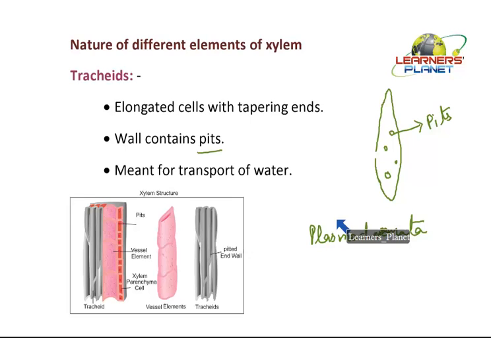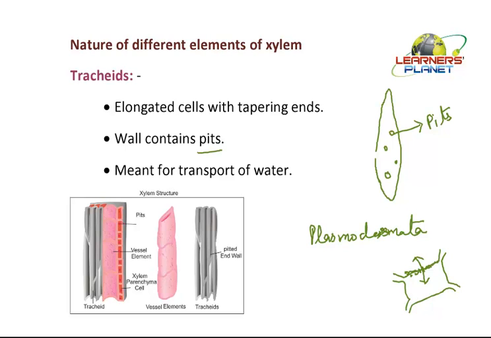This lignin is not deposited over the plasmodesmata in the cell wall. Let us say this is the cell wall, and in between they are forming some junctions. When the lignin starts depositing over the cell wall, it doesn't get deposited over the plasmodesmata, and therefore these plasmodesmata remain as pores in the cell wall.